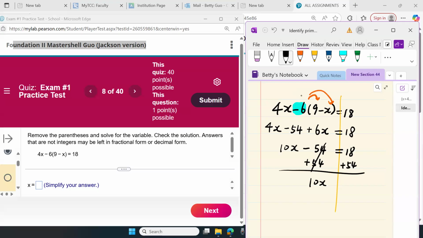And 10x equals 18 plus 54, that gives 72. 4 and 8 add up to 12. 1 and 5, 6, 7, 72. Divide each side by 10. We have x equals 7.2. Decimal is easier, right? Because the denominator is 10. 72 divided by 10 is 7.2.